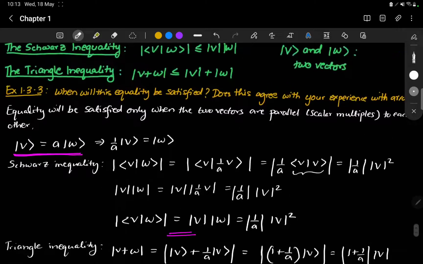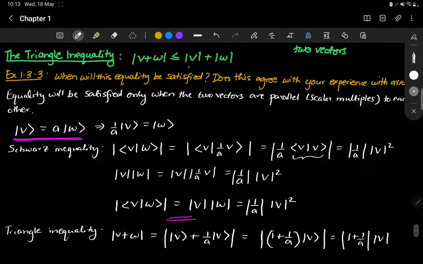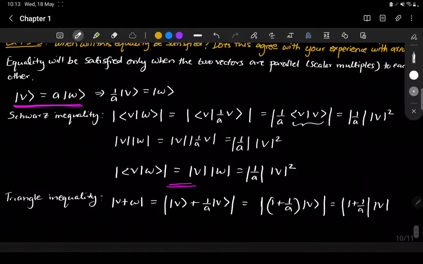Then the right hand side of the inequality wants us to calculate the sum of the individual magnitudes.